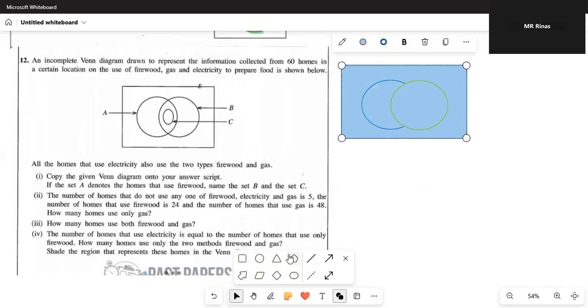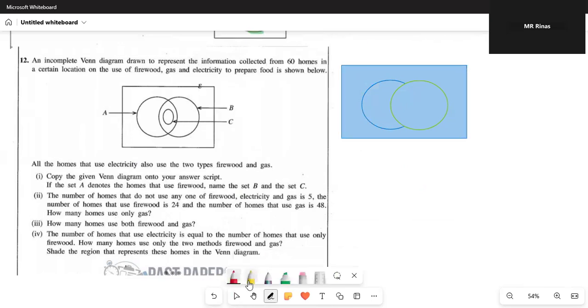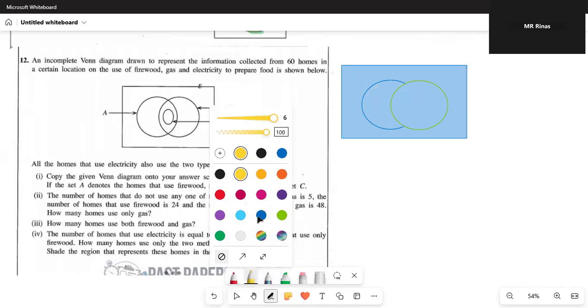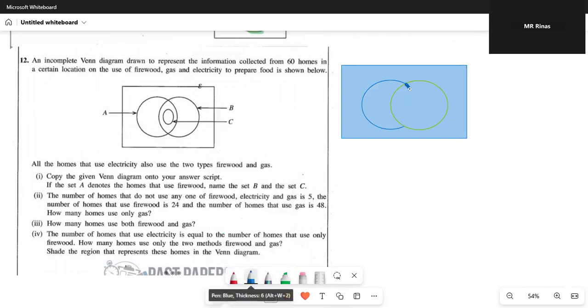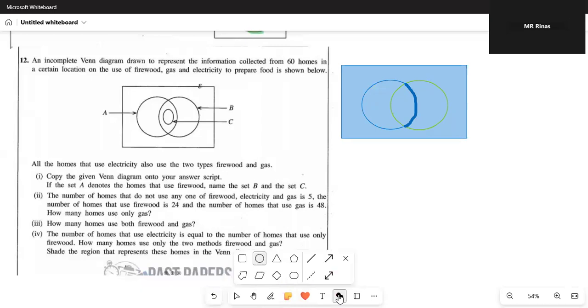Then there will be another circle here, right? So the diagram should be like this.